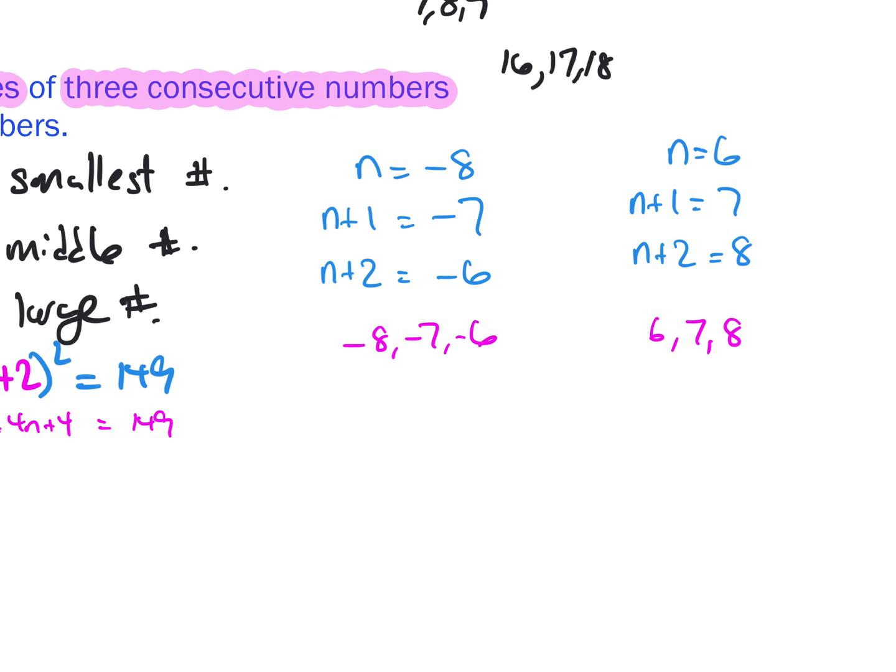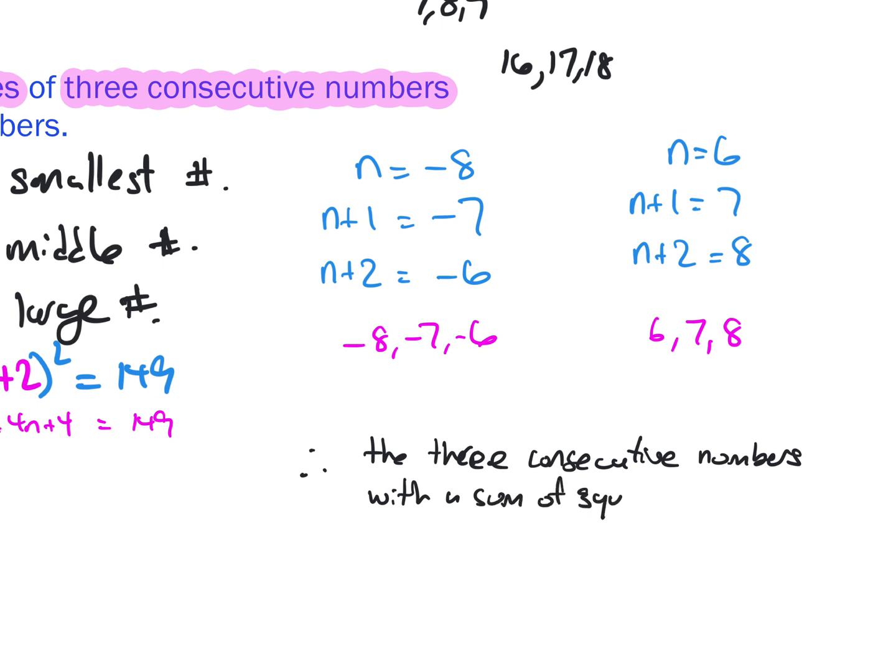So we're going to sum this one up by saying, therefore, the three consecutive numbers with a sum of squares equal to 149 are negative 8, negative 7, negative 6, or 6, 7, 8.